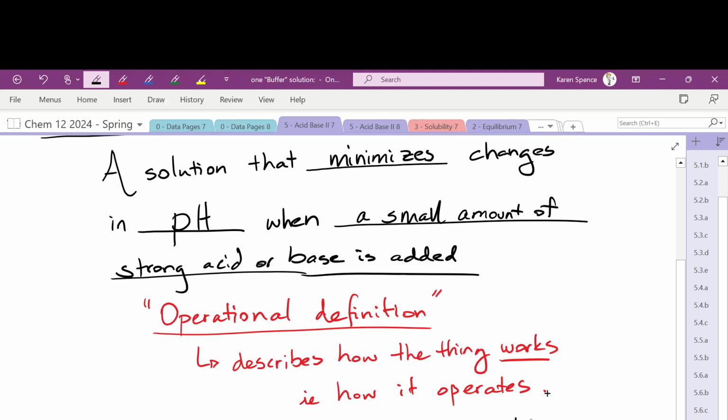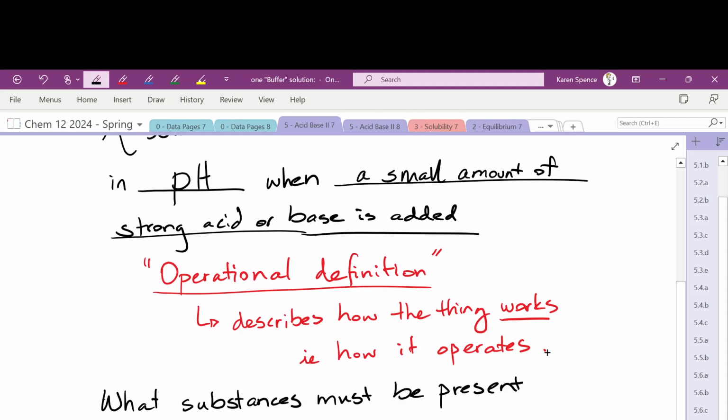What substances must be present in order for a buffer system to be set up?